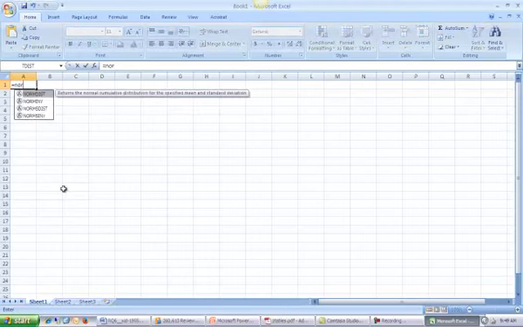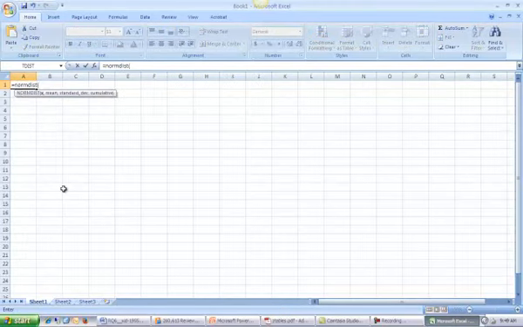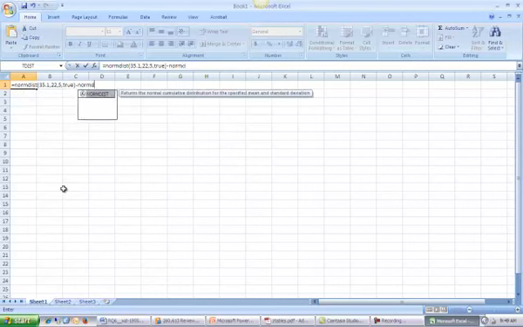Equals norm dist. X is 35.1, comma, mu is 22, comma, standard deviation is 5 or 6? 5. I don't know. I think I said 6, or I just had 6 in my head for some reason. Comma, true, minus norm dist of your lower miles per gallon, your 13.35, comma, 22, comma, 5, comma, true.